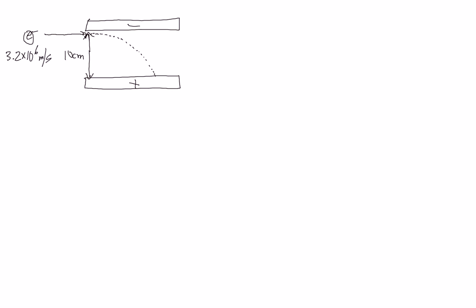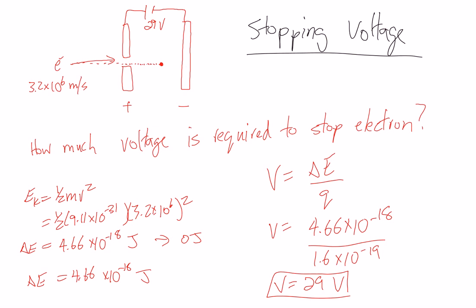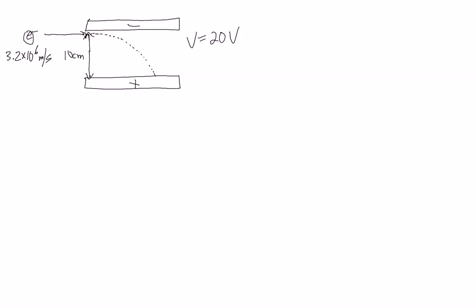So it's going to get shot in at a speed, and instead of just going straight down to the positive plate, it's going to follow a projectile path. For this kind of question, let's use a voltage of 20 volts. So that's our charge in the plates. And the question then is, where's that charge going to move to?